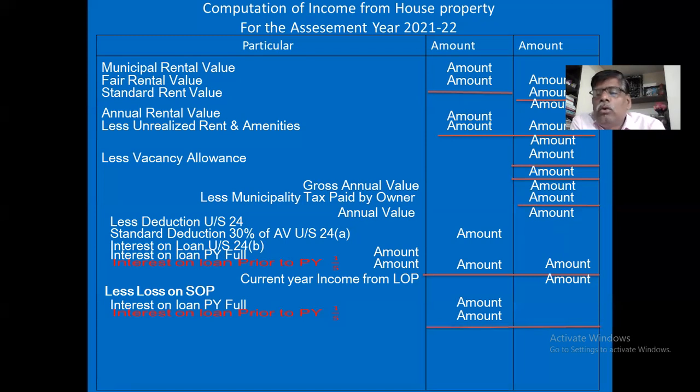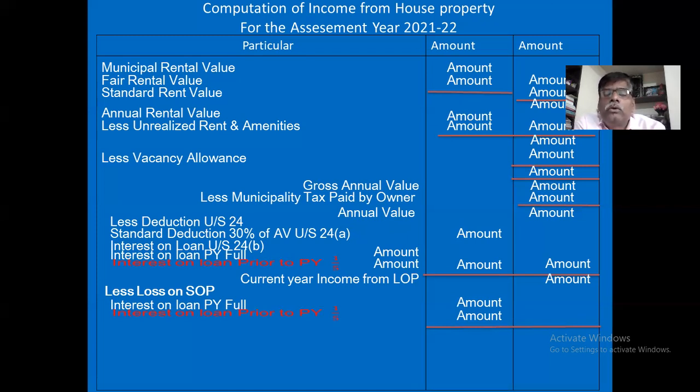The total amount of this interest should not be more than 2 lakh rupees. Here is the restriction. The maximum allowable amount is 2 lakh rupees if your construction is completed after 1-4-1999. Before 1-4-1999 completion, only 30,000 is allowable.